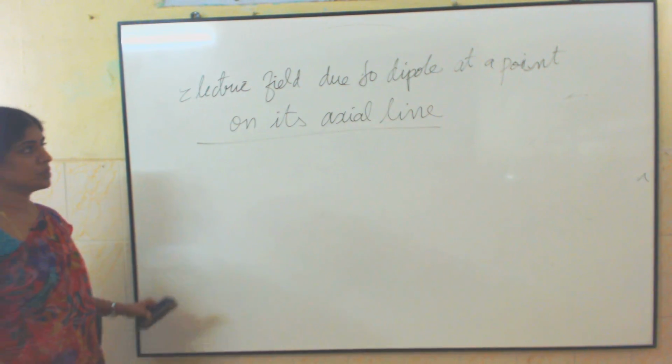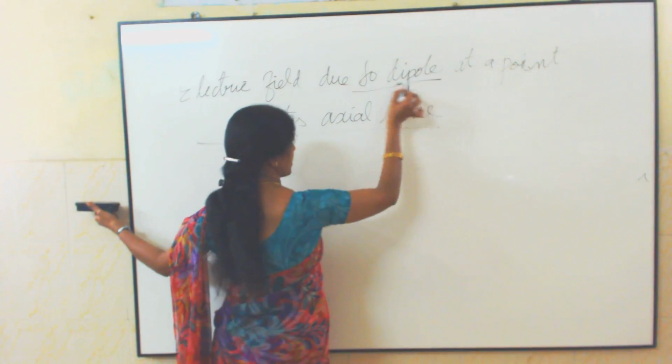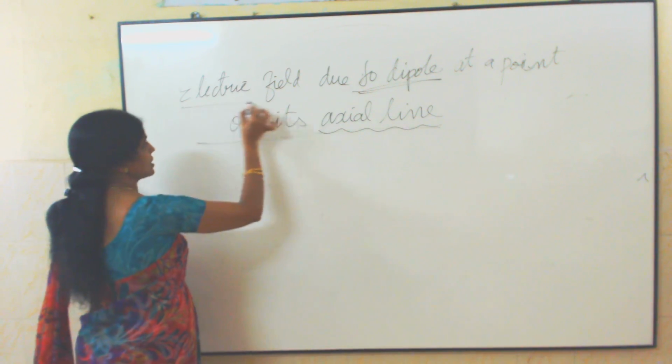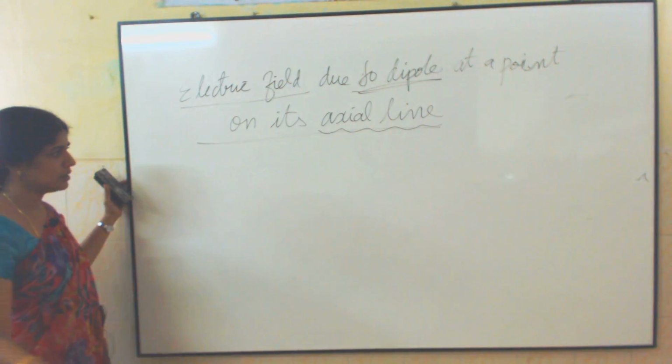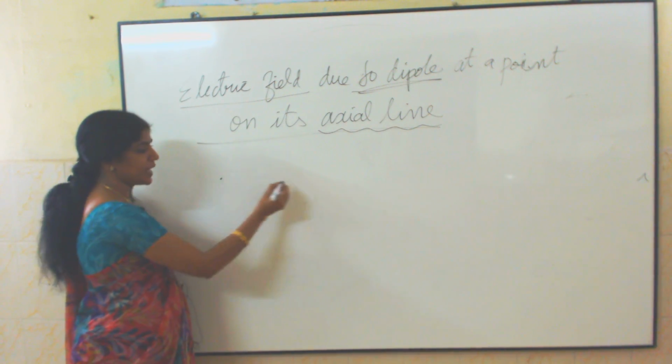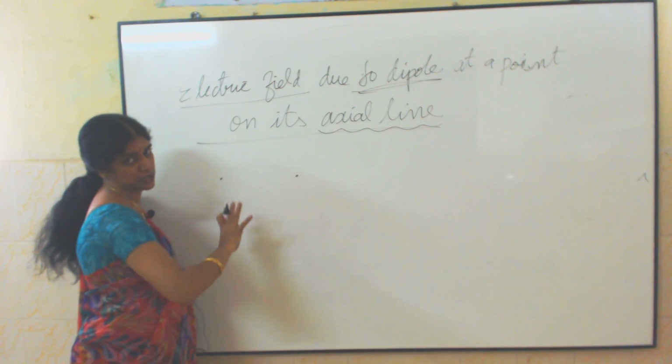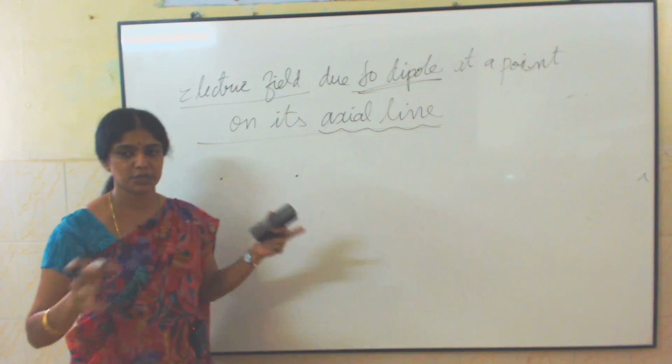Now, we will see, due to this dipole, on its axial line how this electric field will be. Now, we know what is meant by dipole. Dipole means two equal and opposite charges. They should be separated by a very small distance.